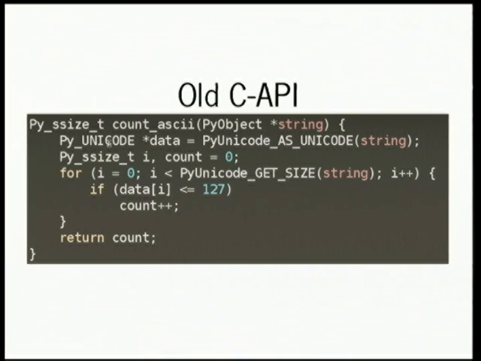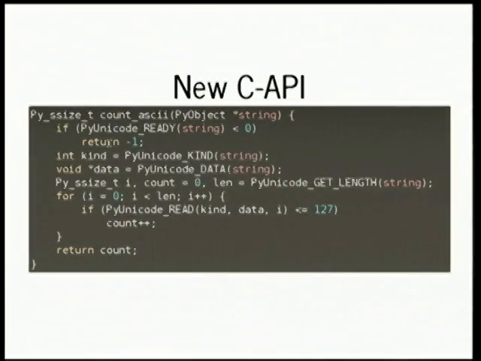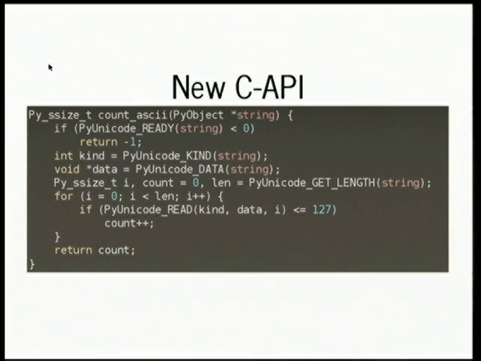But once you have flexible string representation, this no longer holds true. And so in the new C API, this is what this code would have to look like. The PyUnicode_KIND macro tells you what the character size is, 1, 2, or 4.